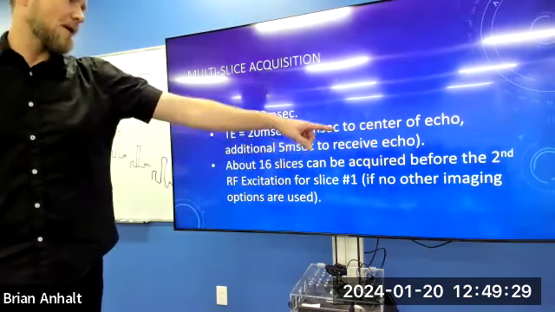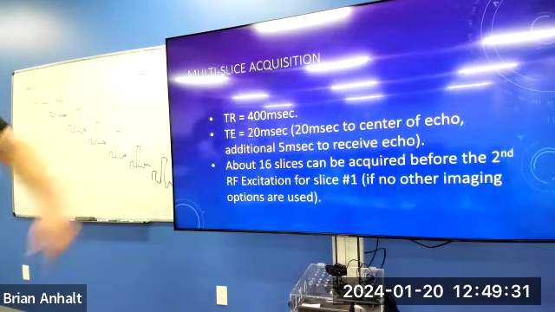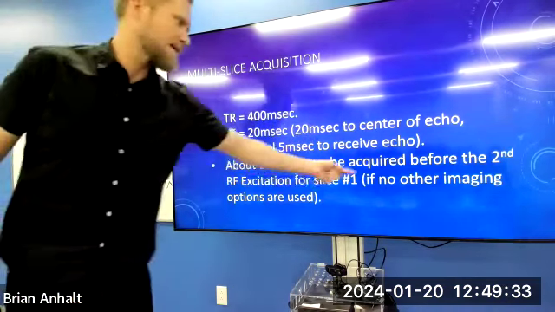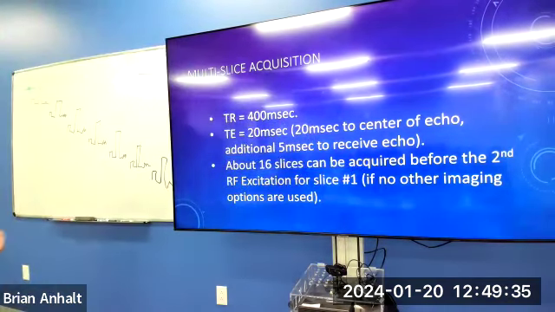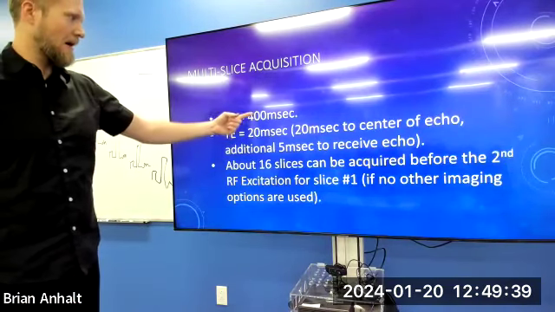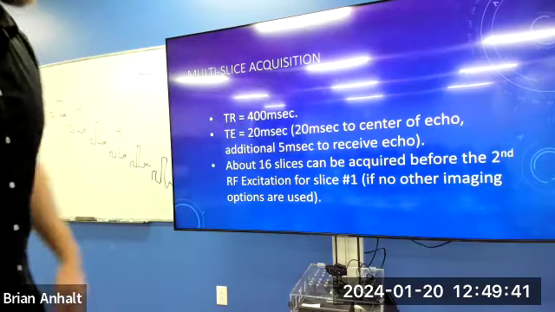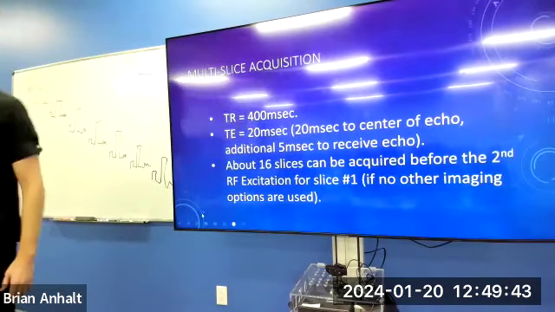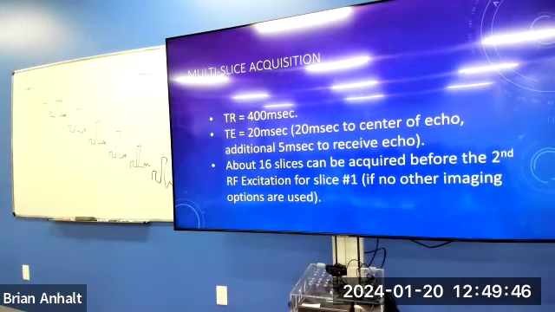About 16 slices can be acquired before the second RF excitation pulse for 1 slice if no other imaging options are used. So if we did the math there, which they didn't show us exactly, but we could figure it out, just take 400 and divide it by 25, essentially. What do you get? 16, I'm pretty sure.